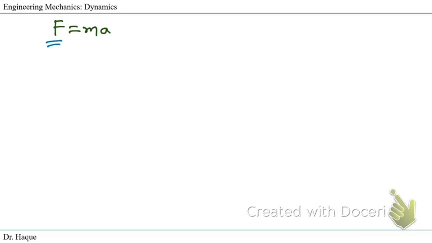For example, if I have a particle here and there are a lot of forces acting on that body, F1, there is a pull F2, there is a weight F3. So how do we deal with that scenario?